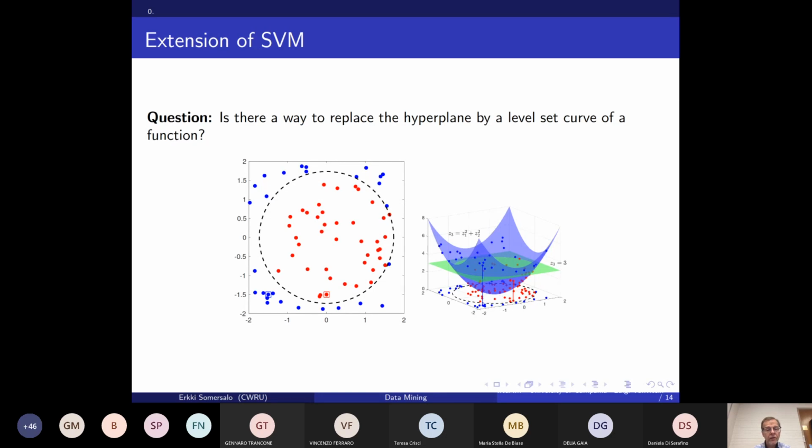Now, if your data, instead of lying in the plane, is on this paraboloid surface, then of course you can find a hyperplane which is neatly separating your points in two sets.